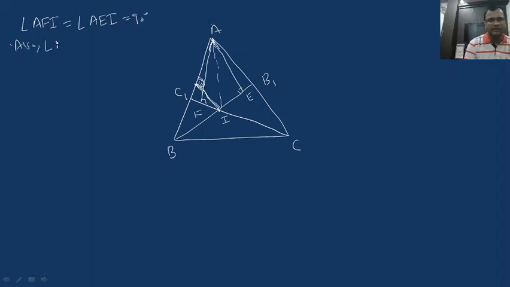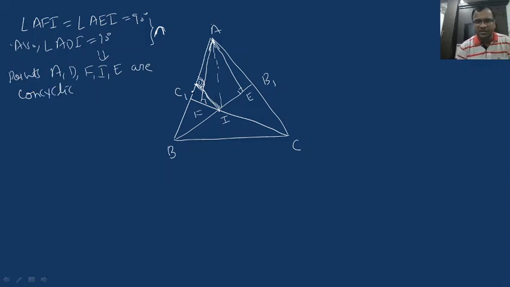Also angle ADI is 90, and these three results taken together imply that points A, D, F, I, E, these 5 points, are concyclic.